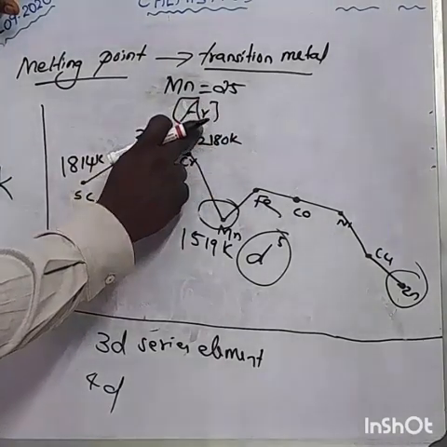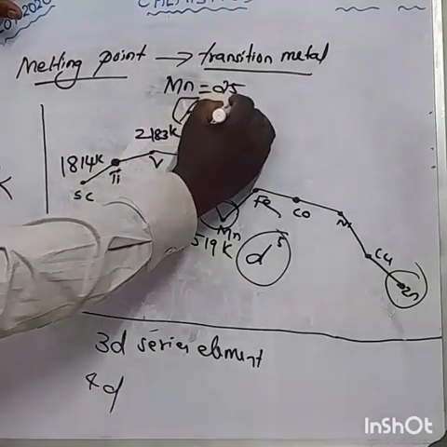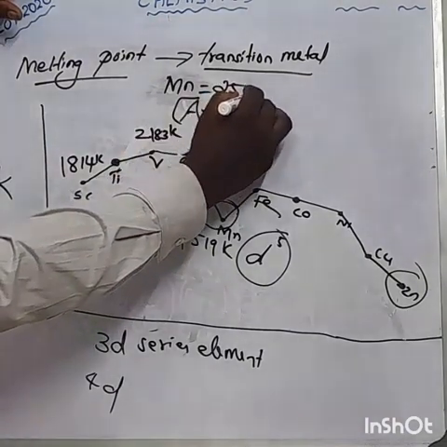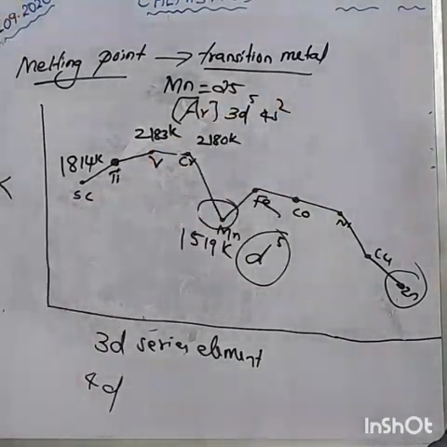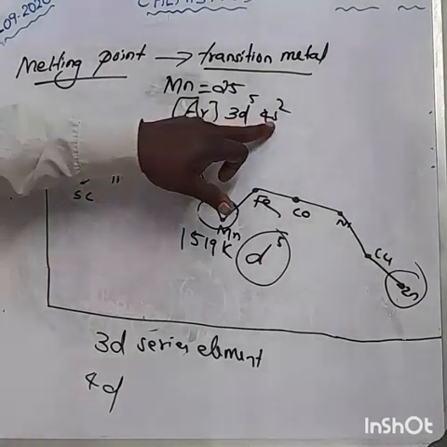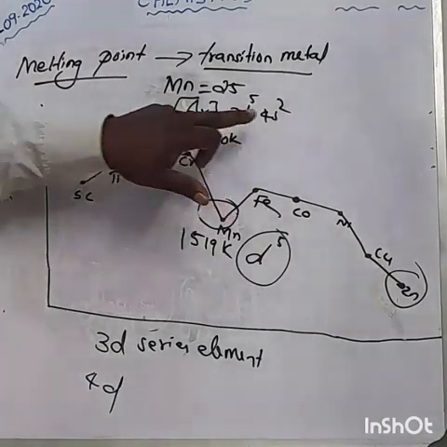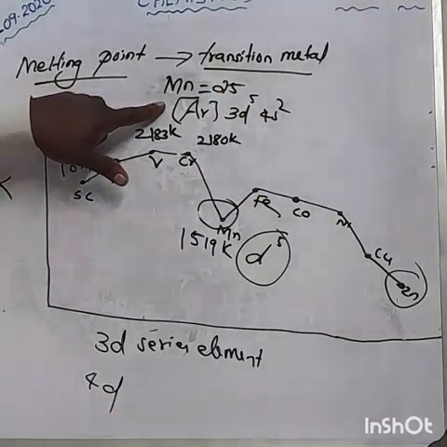Argon means that is 18 over. What's the remaining out of 18? 3d5 4s2. Clear? That is 18 plus 2, 20, plus 5, 25. This is the electronic configuration of manganese.